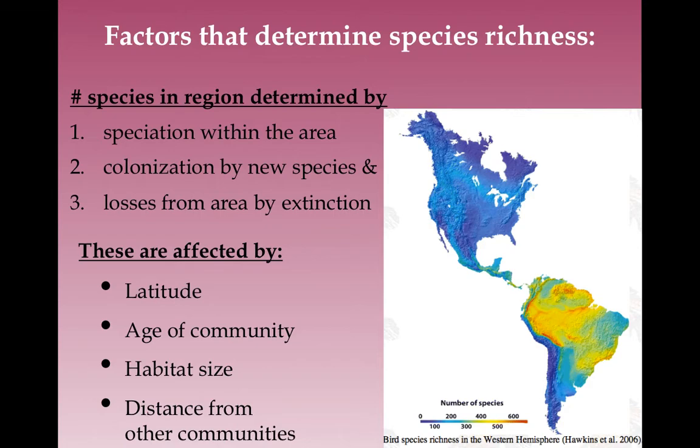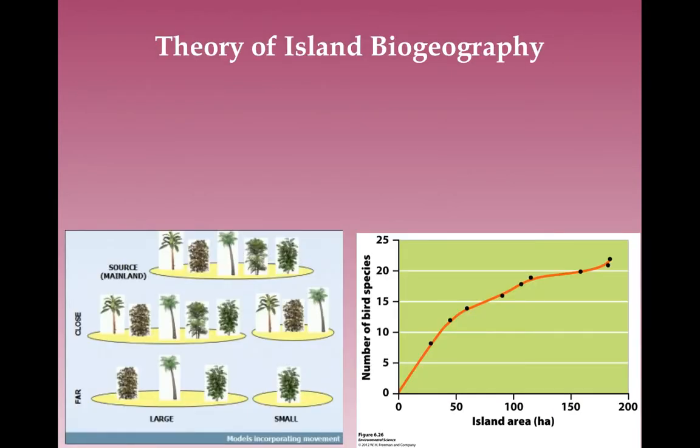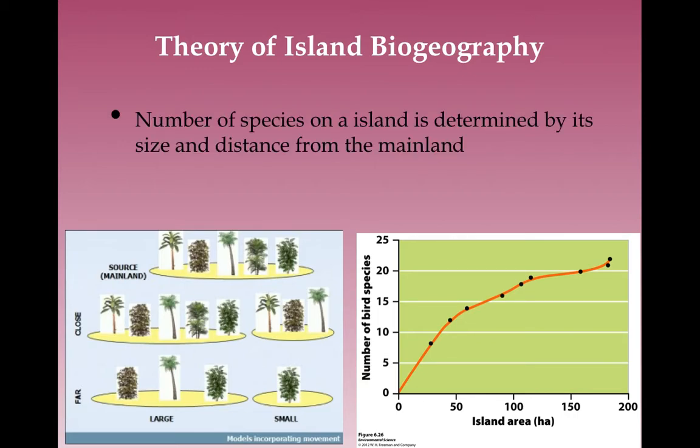So these last two here get into a theory called island biogeography, the theory of island biogeography. And this is pretty cool. This theory became popular in the 1970s, I think, and it was really important for conservation.